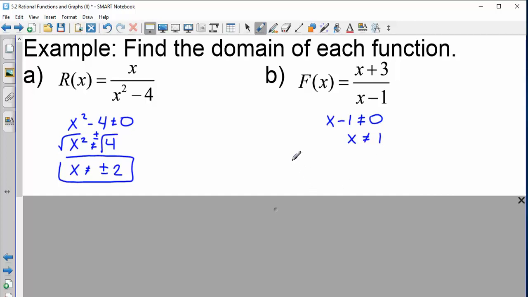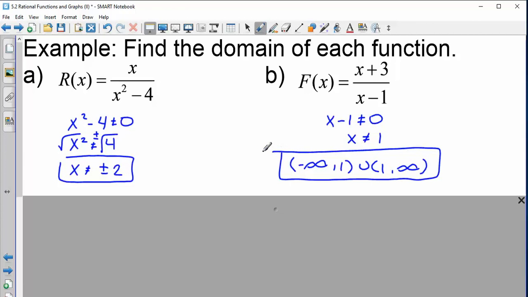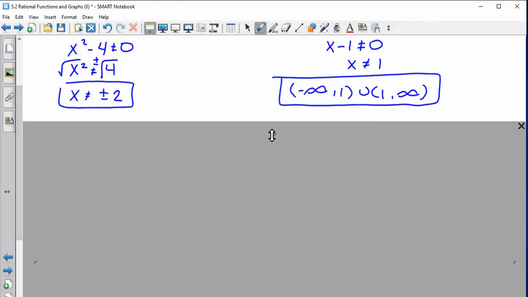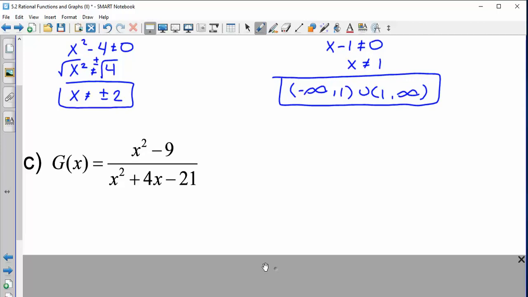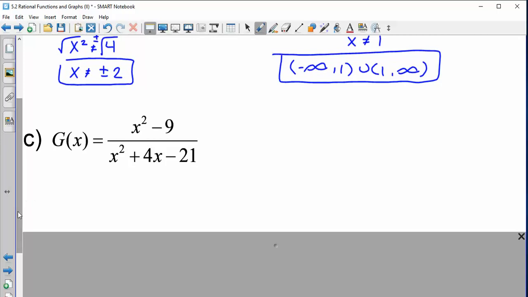How would I like for you to write that? How do I find this one?